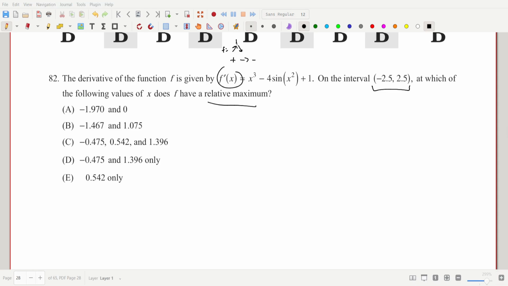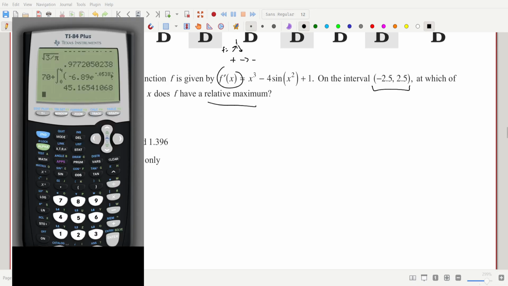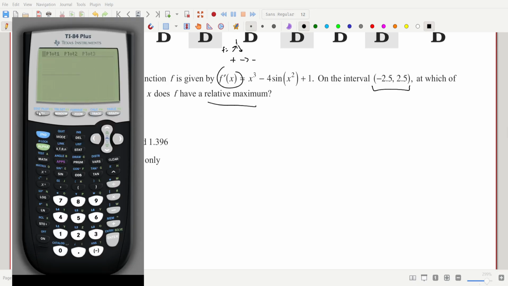So let me show my calculator again. We're going to get into y equals, clear it out. X cubed. Remember, this is f prime, so it's fine. X squared plus 1. Okay, graph it on, probably negative 3 to 3 is a reasonable window, and let's go negative 5 to 5.